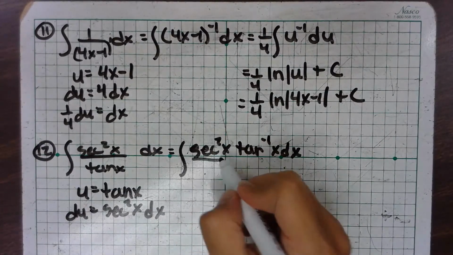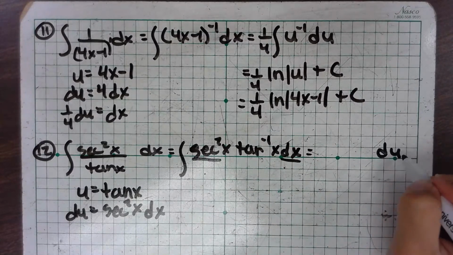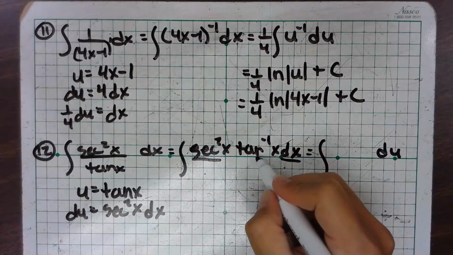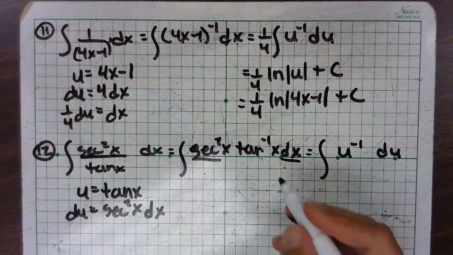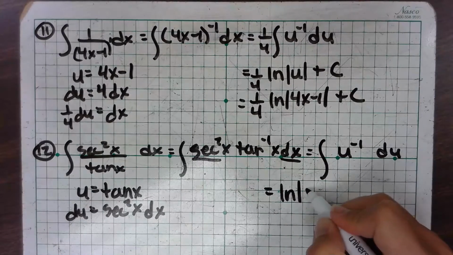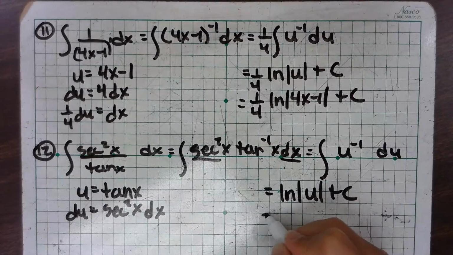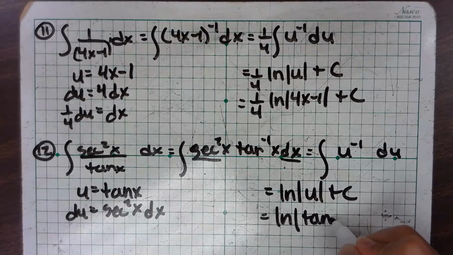Okay, and I do have the secant squared x dx. I can replace that with du. And my tan x, notice that's tan to the negative 1, so I'm going to change that so it's u to the negative 1. Well, remember, u to the negative 1 is just natural log absolute value of u plus c. Now we can just replace the u in there, and it's like that.